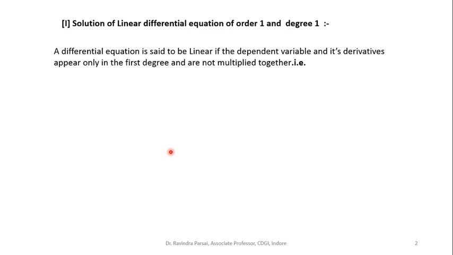So first of all, we understand what we mean by a differential equation being linear. A differential equation is said to be linear if the dependent variable and its derivatives appear only in first degree and are not multiplied together.